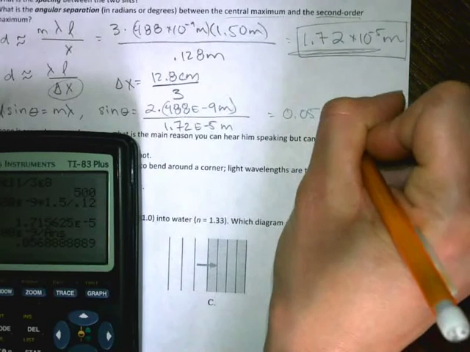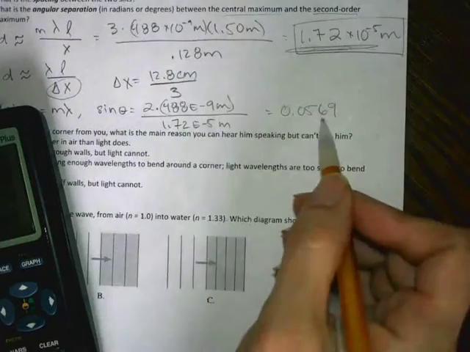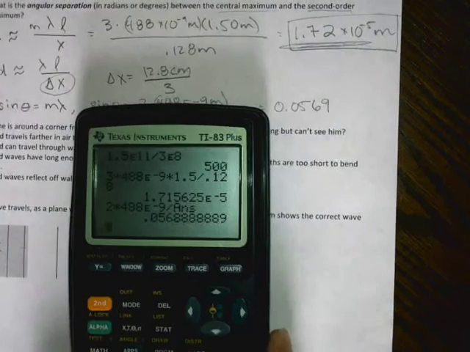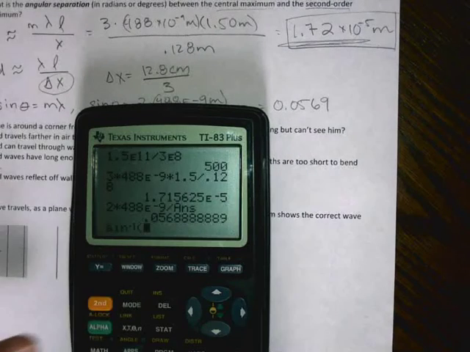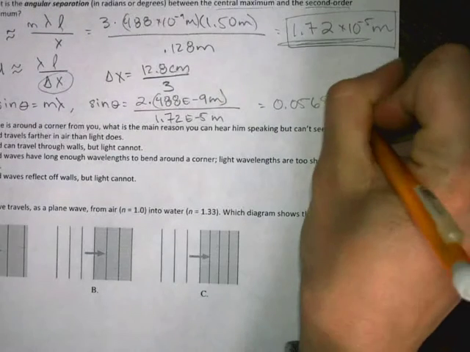That's 0.0569. And now that's what sine theta is. So in order to get that to an angle, I need to do the inverse sine of that, which gets me to 3.26 degrees.